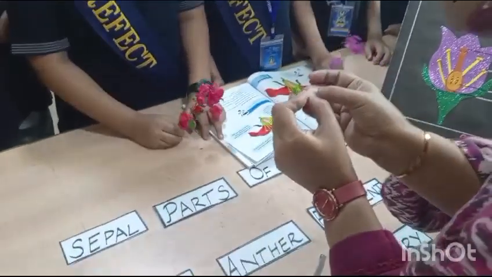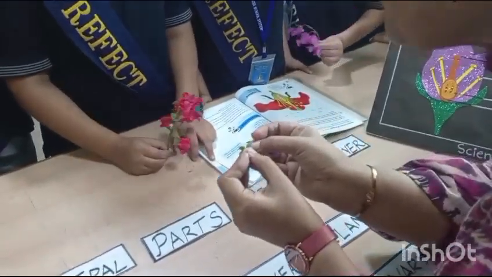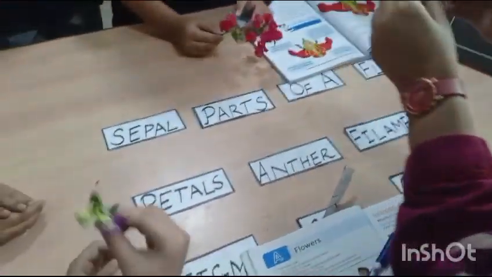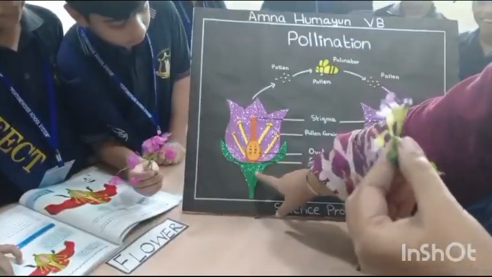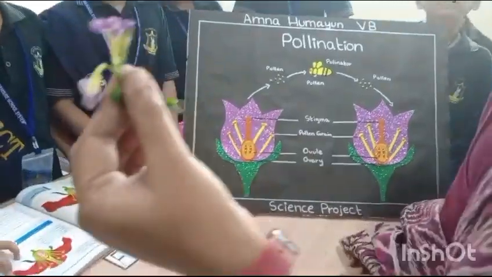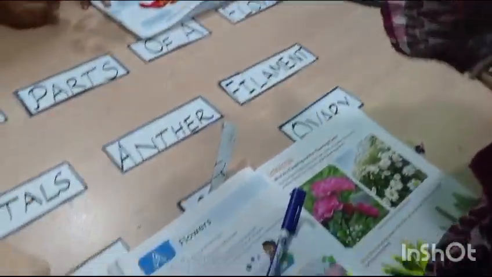This part is the sepal. What is the function of this green part? It is called the sepal, and the function of the sepal is to protect the flower.